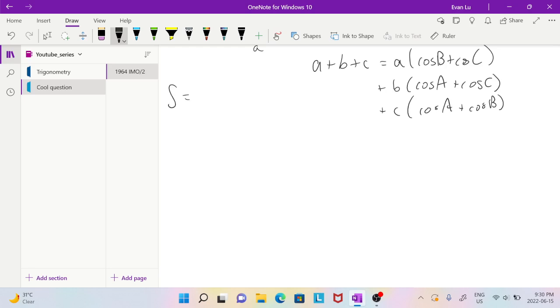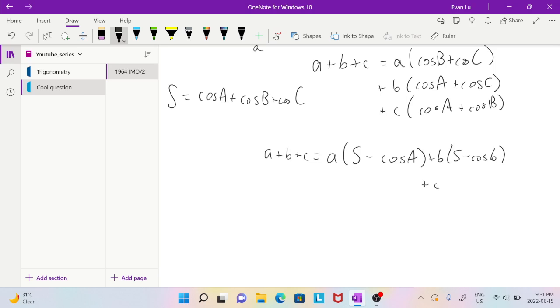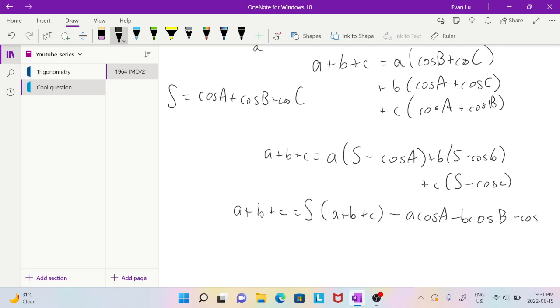So let's just say that S is the sum that we want, cos A plus cos B plus cos C. Okay, so if we substitute this in, we get a plus b plus c is equal to a times S minus cos A plus b times S minus cos B plus c times S minus cos C. And then here we can expand everything out, so we get a plus b plus c is equal to S times a plus b plus c minus a cos A minus b cos B minus c cos C. Do a little bit of rearranging and we get that S minus 1 times a plus b plus c is equal to a cos A plus b cos B plus c cos C.